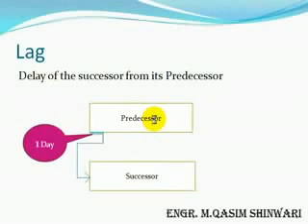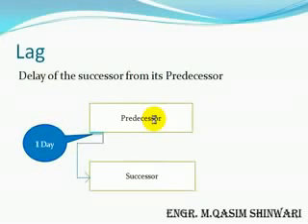If we give this kind of lag, which is shown here and highlighted, it is known as positive lag. For example, this will be entered as +1 or simply 1. So it will give the duration of lag as 1 day.